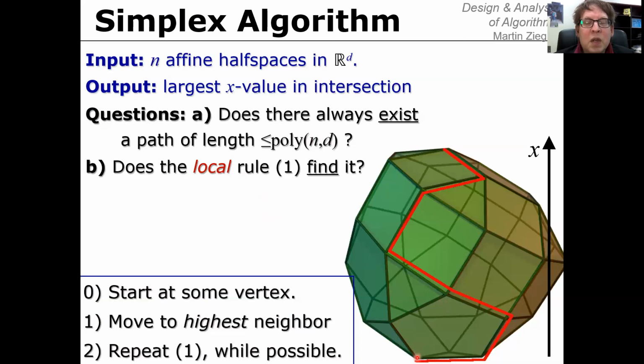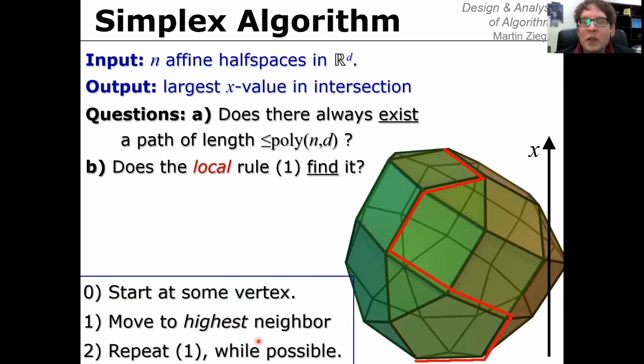So these rules only look at the current vertex and the neighbor vertices. There are at most a polynomial number of neighbor vertices, and the rule chooses one. So that's the 2 questions. And if we can answer both questions positively, then it means that the simplex algorithm has a polynomial runtime, right?